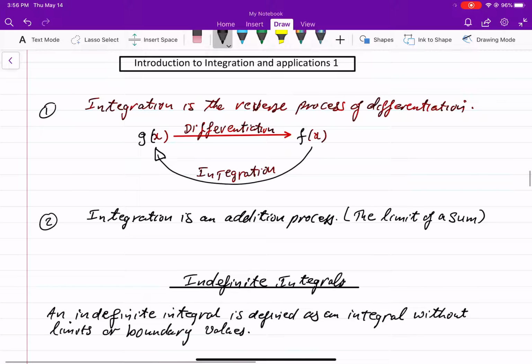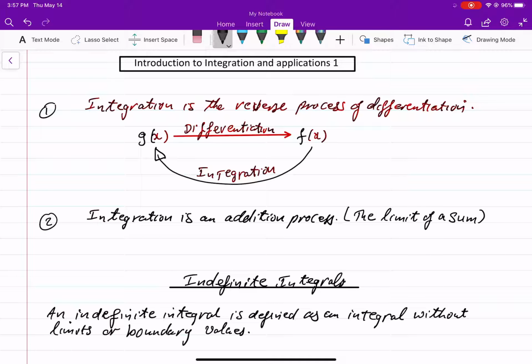So that's the first way to think of integration, as the reverse process of differentiation, since differentiation itself was the reverse process of integration. The second way to think of integration is as an addition process. It's a special way to add. In fact, in many cases, if you're thinking of it as an addition process, you think of it as the limit of a sum.